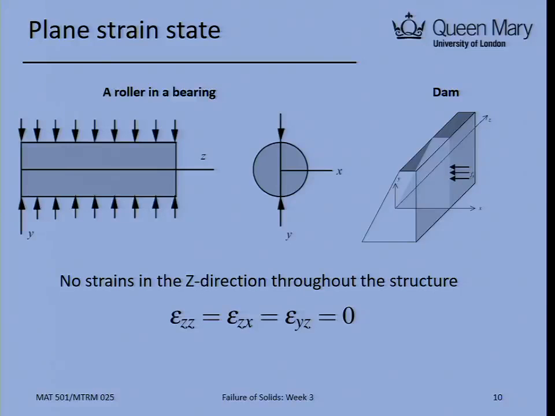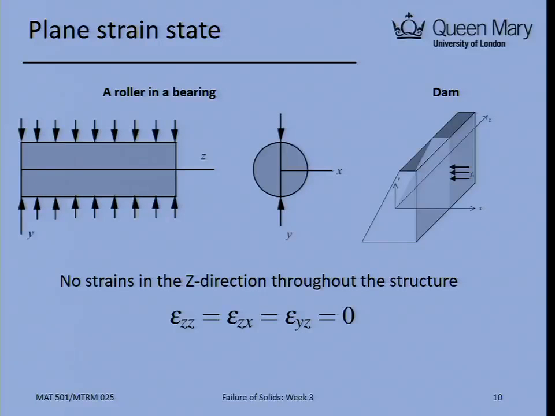If you apply any load from the side, you don't generate much strain in this roller, right? Another example is a dam. You apply the stress from the water, and the in-plane direction is the horizontal direction, but the through thickness is the one coming towards us. The dam is extremely long in the thickness direction, so it doesn't generate any strain in the through thickness direction.